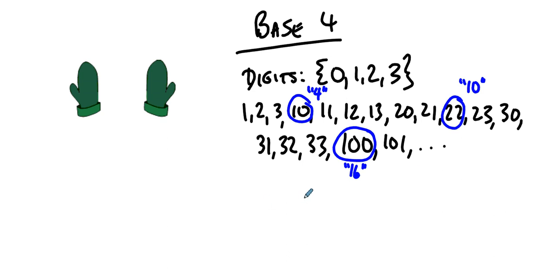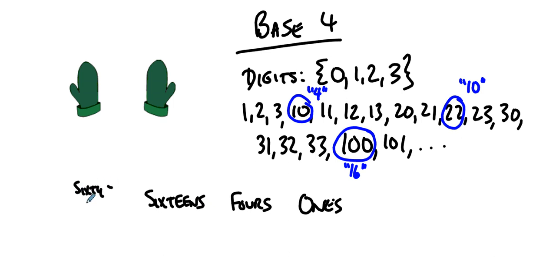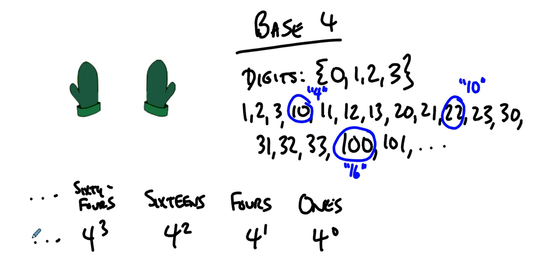The place values in this base are the ones place and the fours place and the 16s place and the 64s place and so on, because the place values are powers of 4. And you can confirm for yourself, this 1 represents one group of 16 and zeros in the other places. This number represents two groups of 4 and two groups of 2.